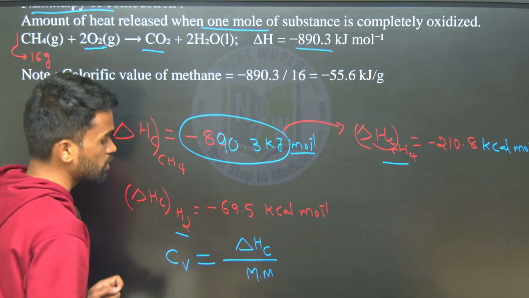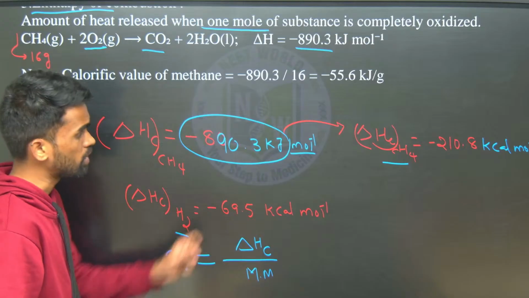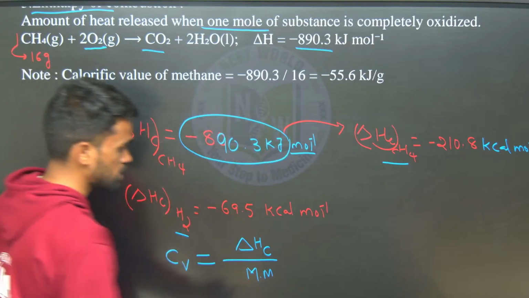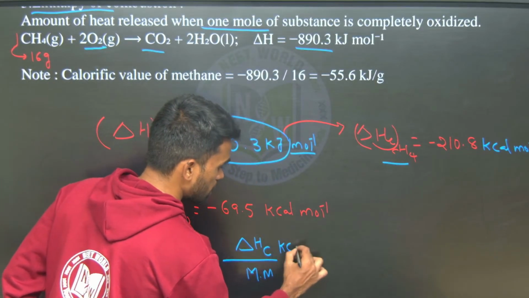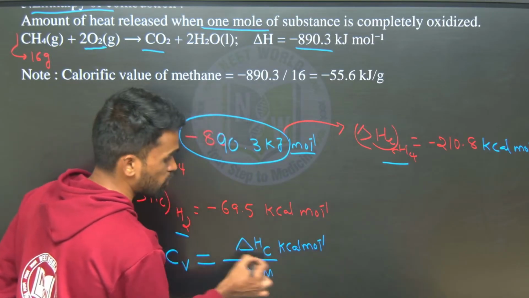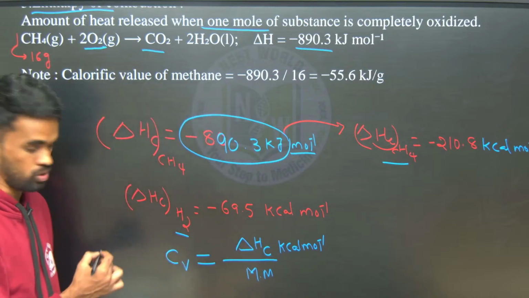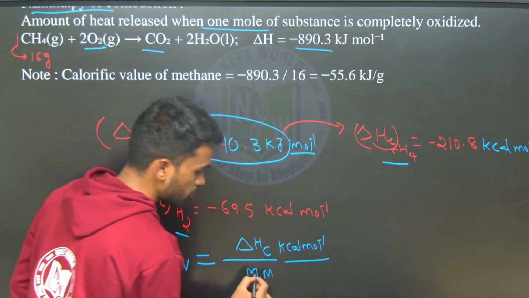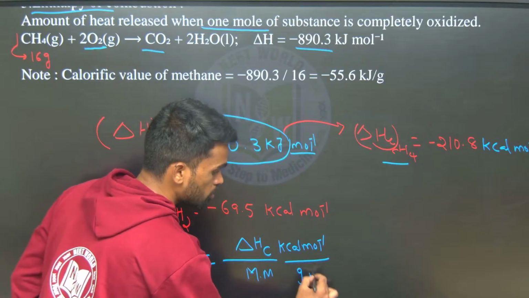The units for heat of combustion are either kilocalories or kilojoules. I am taking kilocalorie per mole. And the molar mass unit is gram per mole.